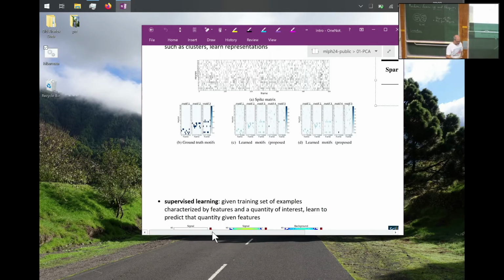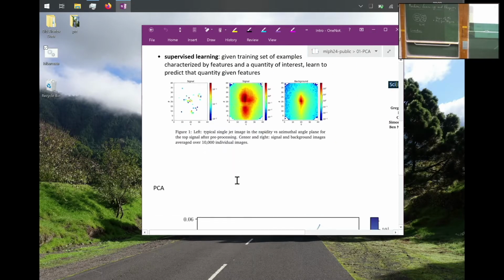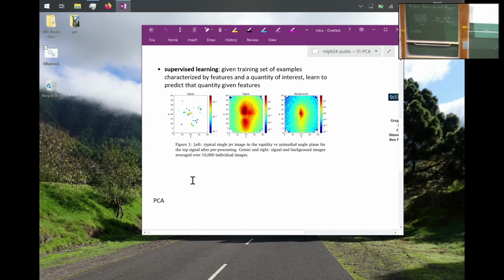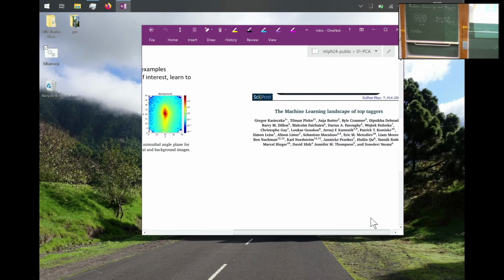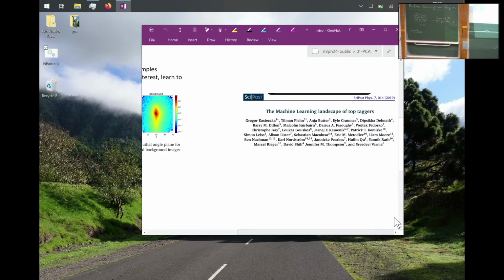And then, of course, the mainstay of machine learning has been supervised learning. And I've taken one example here from the work of Tilman Plehn's lab. So the machine learning landscape of top taggers.